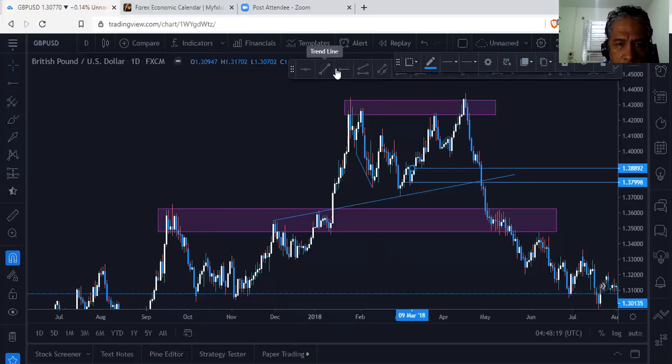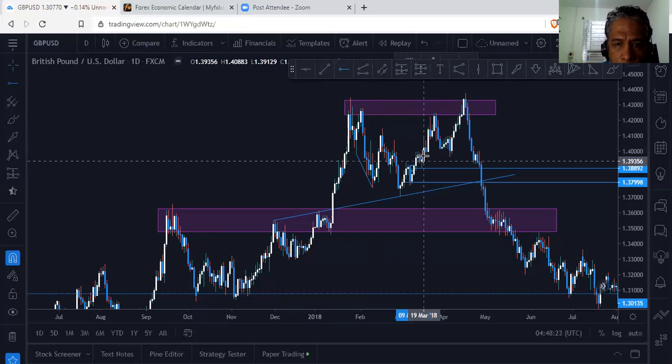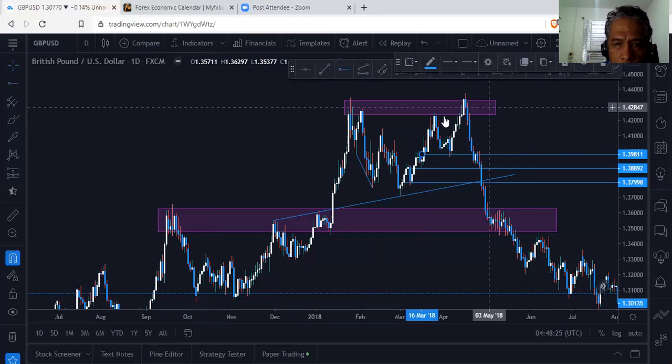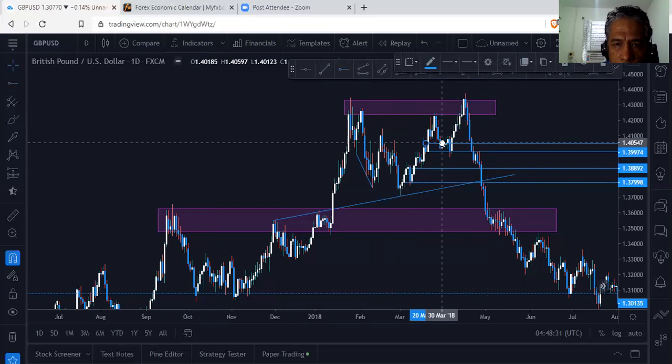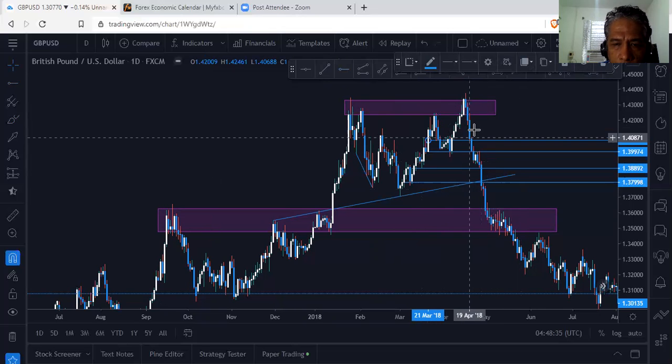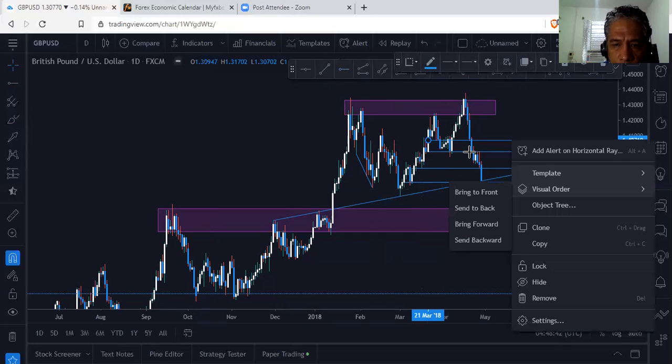These are minor supports that we can play around. Look at that one. So there are many supports that we can play around with in the market. And I'm going to erase that one.